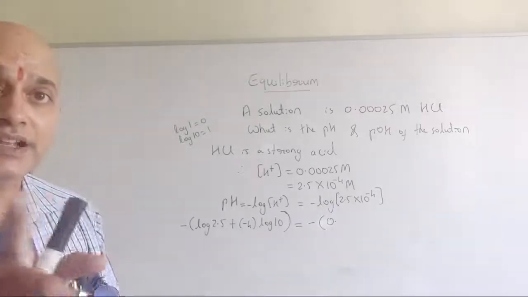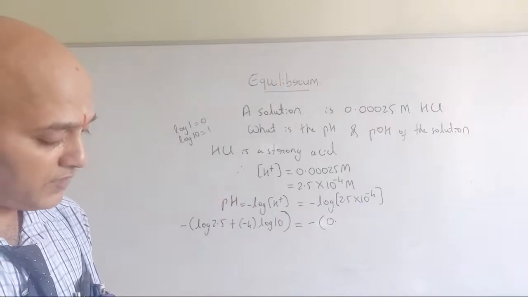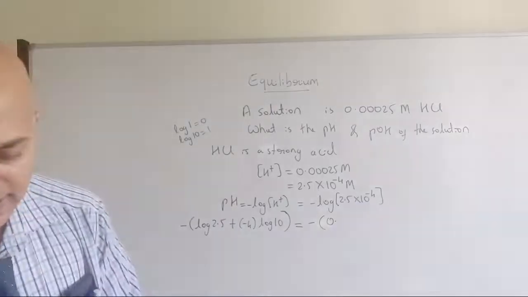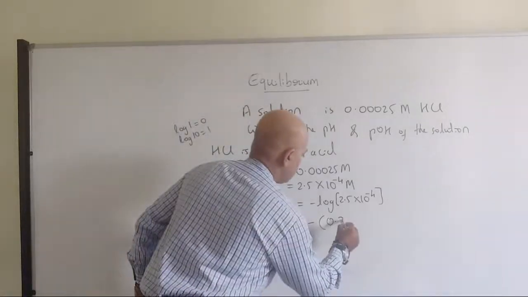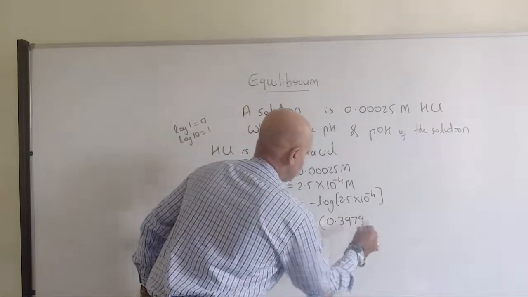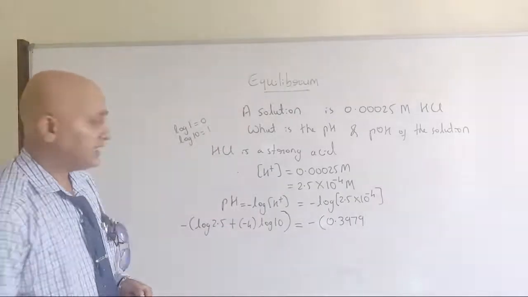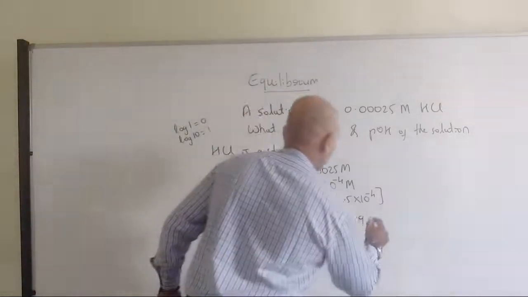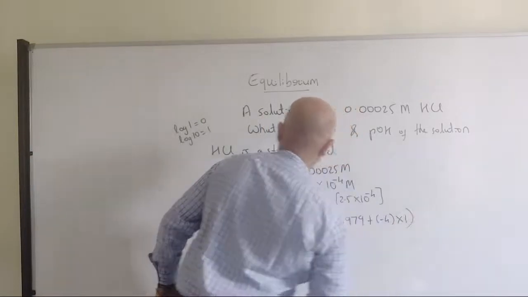Okay, we will cross check. Not minus, it should be positive only. So 25 is 3979, the zeroth column. So 0.3979 plus minus 4 into 1.